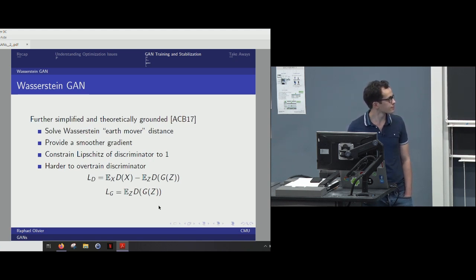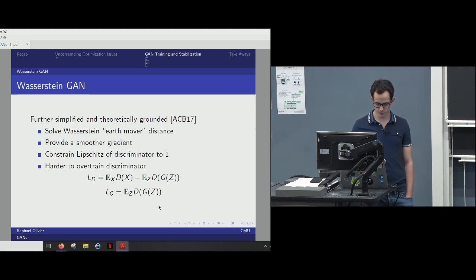So, Wasserstein GAN. I never know how to pronounce it. I'm going to say Wasserstein, but I might be wrong. It's one of the most radical simplifications of GANs that you can do.